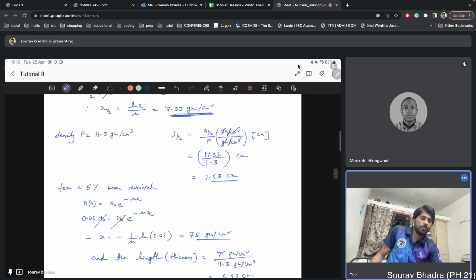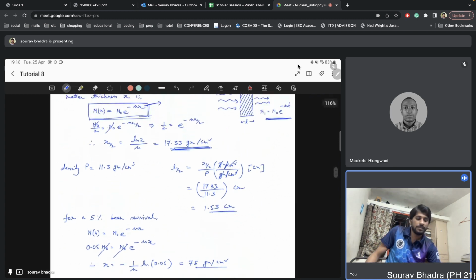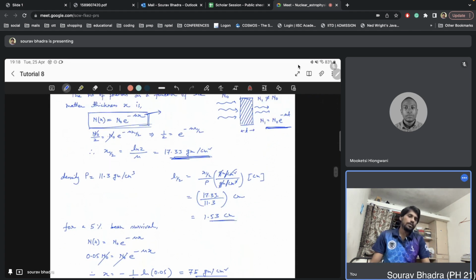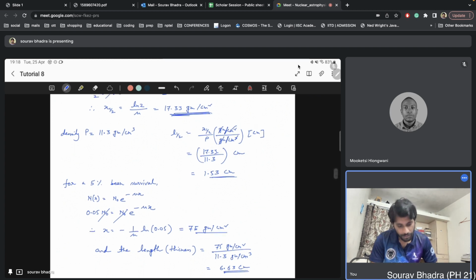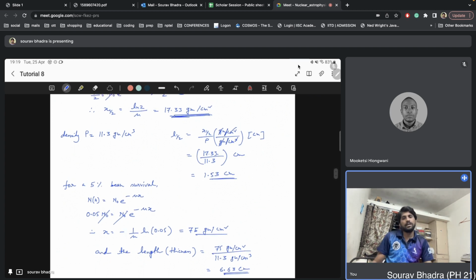So you can see that for a thickness of 1.53 centimeter, the radiation will be halved, and for a thickness of 6.63 centimeter of the same material, the radiation will be 5%. Okay, so from here you can also understand that the radiation is falling like an exponential, that means it is following an exponential decay law.